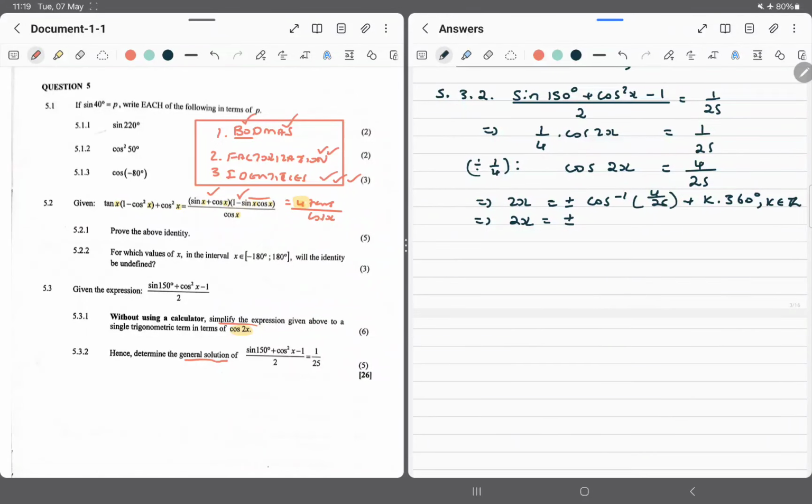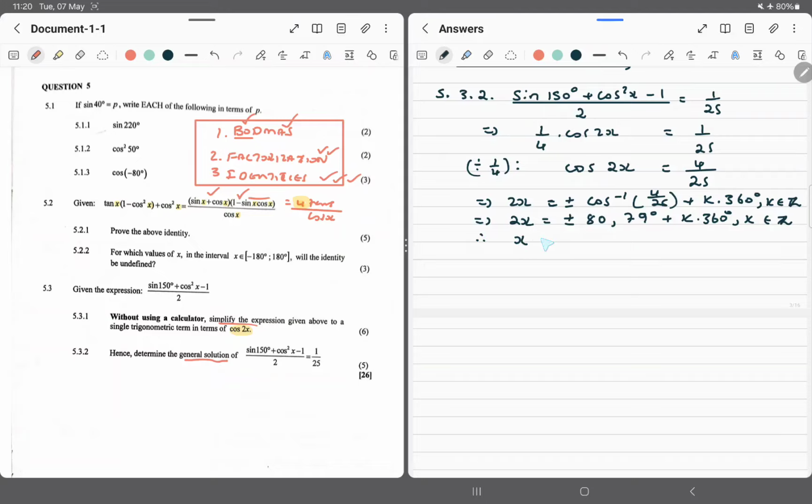Let's do that in the calculator. Shift cos 4 over 25 gives us 80.79 degrees plus k times 360 degrees, where k is an element of integers.